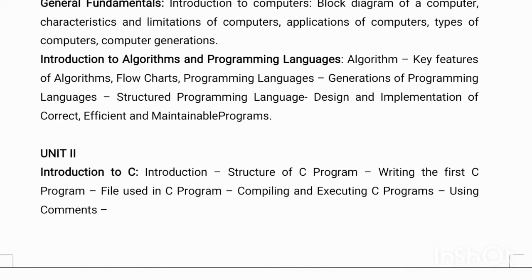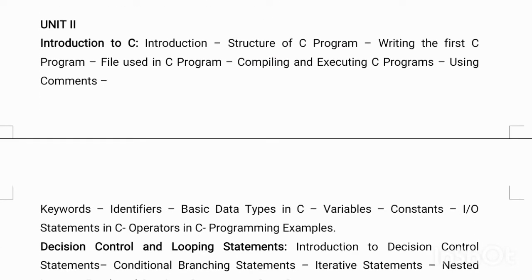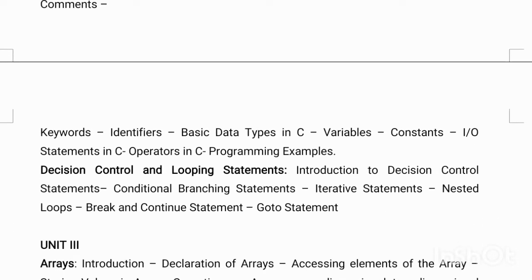The second unit is related to introduction to C: the structure of a C program and the first C program, files used in a C program, compilation, execution, comments, keywords, identifiers, basic data types. So these are the basic concepts of C program.